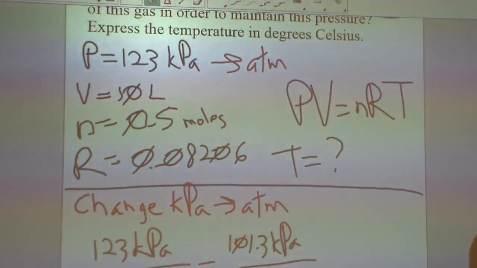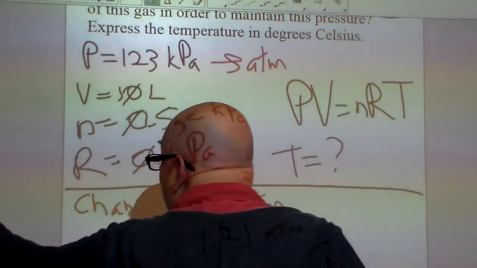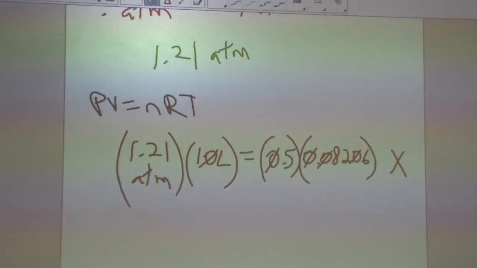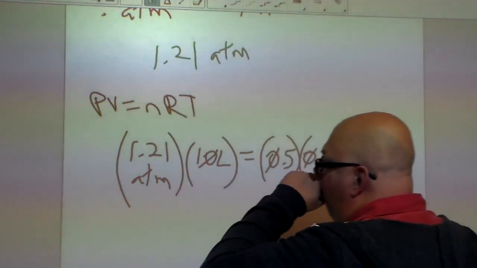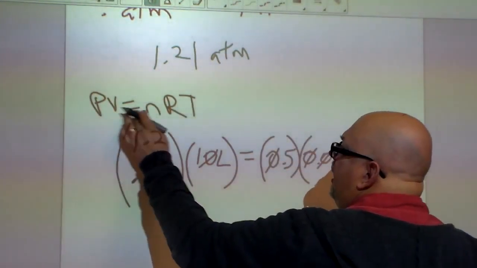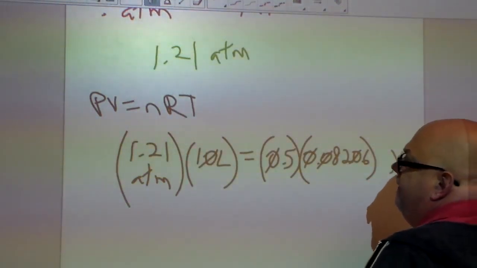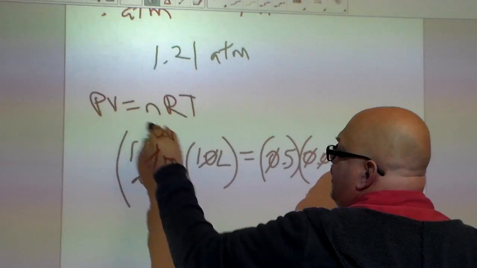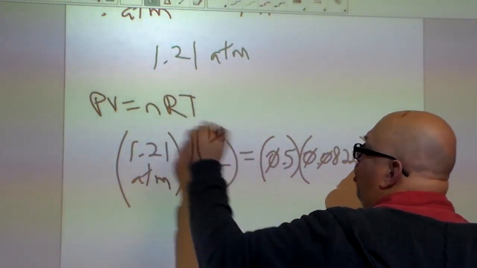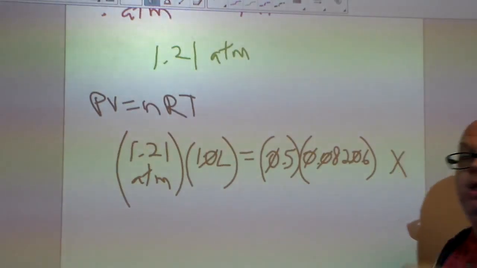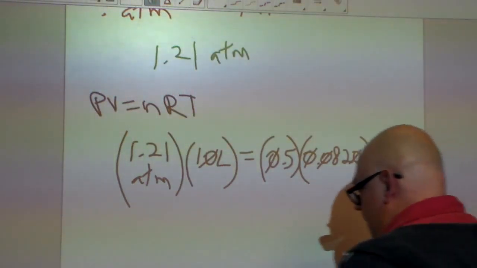T is what we need, so we're going to have to find out our T. That's where our X is going to be, times X. So I'm just taking the numbers we have, and plugging them in to PV equals nRT. Okay, so I got my atmospheres, I've got my liters, N is for my moles, R is our gas constant, and T is our X, because that's what we're aiming for.